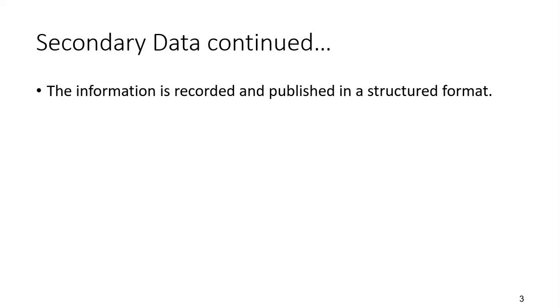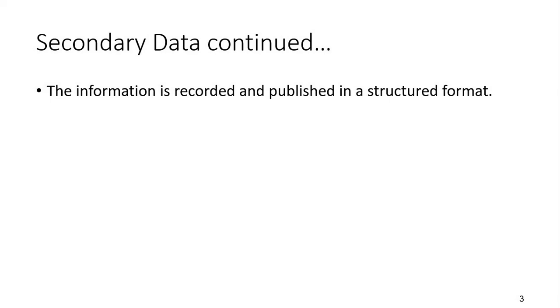Data when collected is in the form of raw data. This needs processing. Some words you must have heard, like data cleaning. So data processing, data coding, all these things are part of preparing a structured format from the raw format of data. When data is collected, that is in raw form.